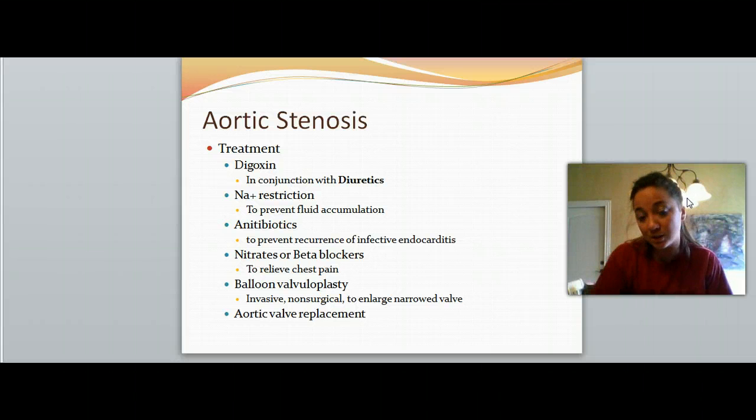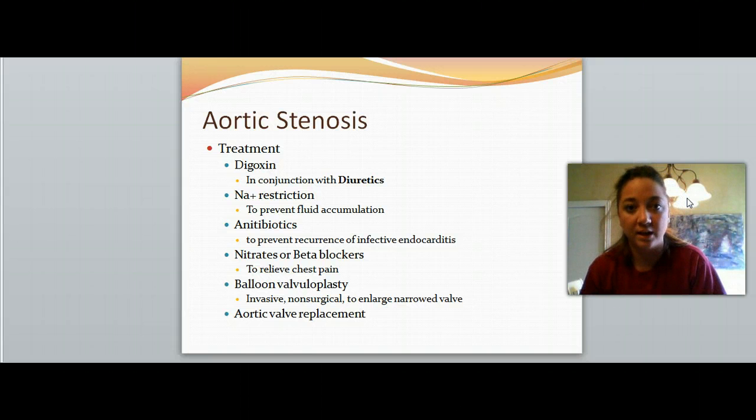So if we decrease the sodium, we're likewise decreasing the amount of fluid, having to be pumped out through the heart. Okay, put them on some antibiotics, because we want to prevent, especially if they've had any kind of infectious or inflammatory disease within the heart, like infective endocarditis. We want to give them the antibiotics that they need to take prophylactically to prevent recurrence of any of those infectious or inflammatory diseases. Give them some nitrates or beta blockers just to help relieve the chest pain.